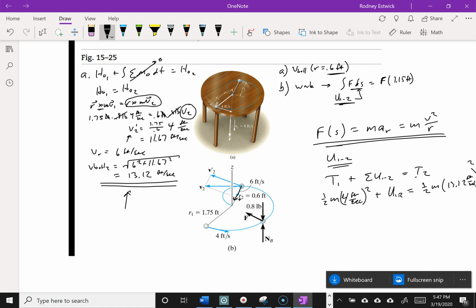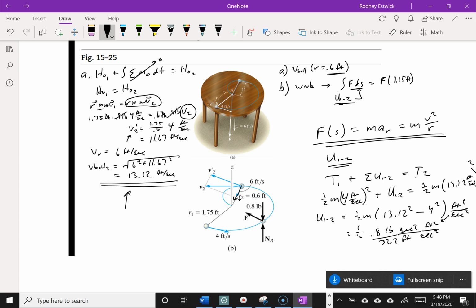Right, so the work done from 1 to 2 is going to equal 1/2 of mass times 13.12 squared minus 4 squared feet per second, feet squared per second squared, actually. So what that comes out to be is 1/2 of 0.8 pounds, over 32.2 feet per second squared, times feet squared per second squared.